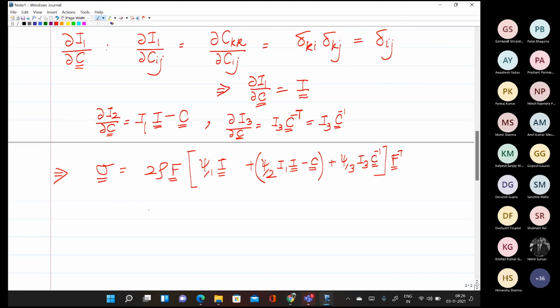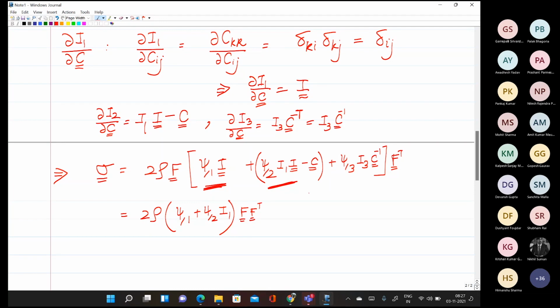Okay, now we can combine the terms wherever possible. You can see that this is proportional to identity and this term is also proportional to identity. So you can bring them together and it then becomes 2 rho times psi comma 1 plus psi comma 2 times this I1 into F transpose.